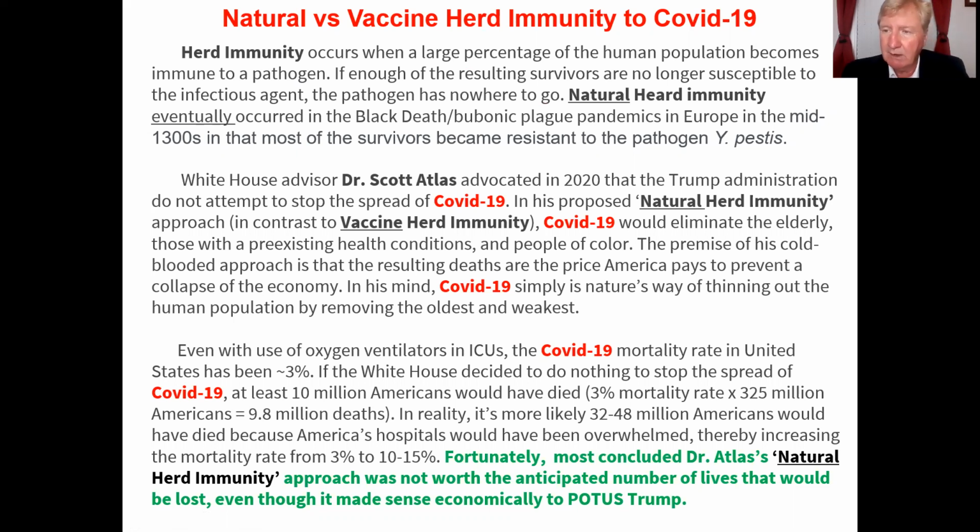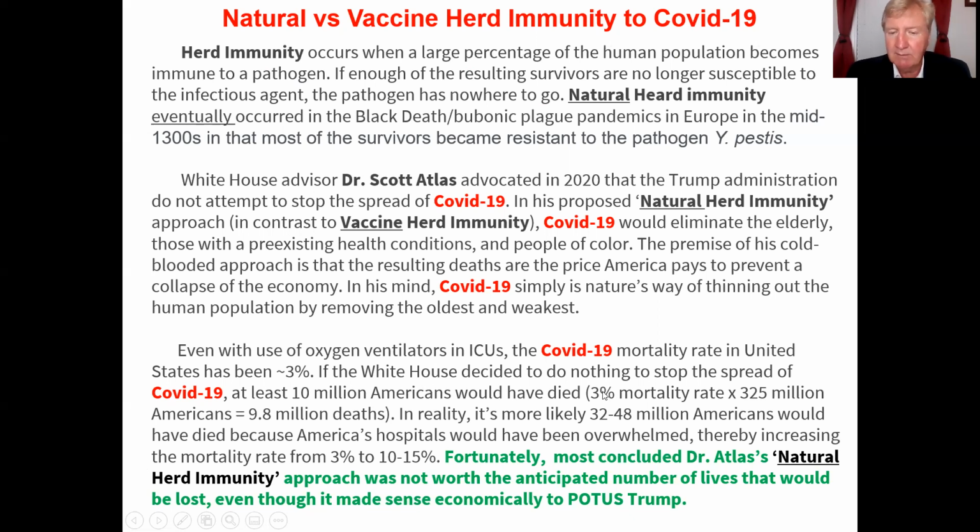Now, the central flaw in his approach is the price that we would pay. And even with use of oxygen ventilators in ICUs, the COVID-19 mortality rate in the United States has been 3%. Now, if the White House decided to do nothing to stop the spread of COVID, as Dr. Atlas proposed, at least 10 million Americans would have died.